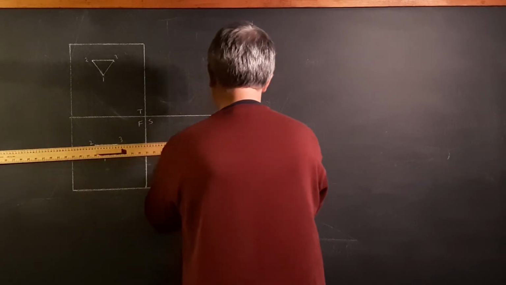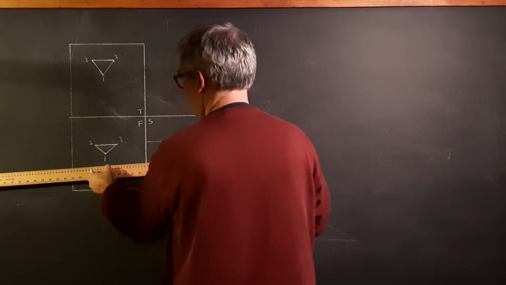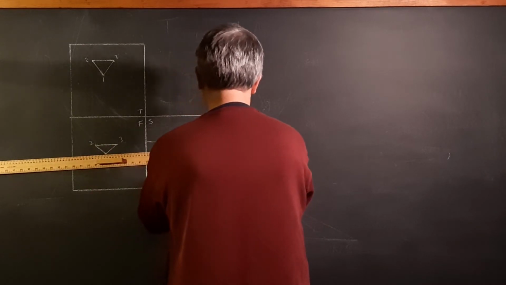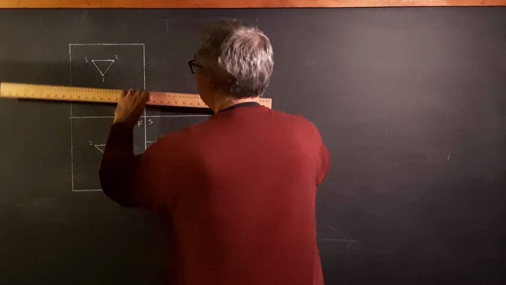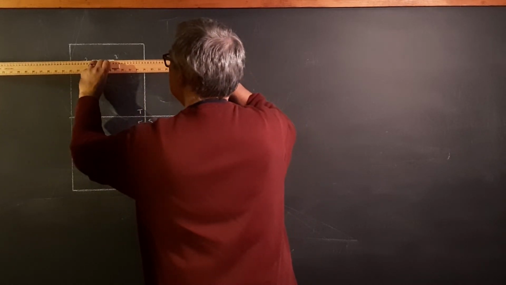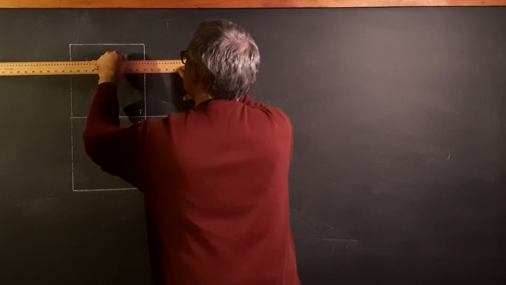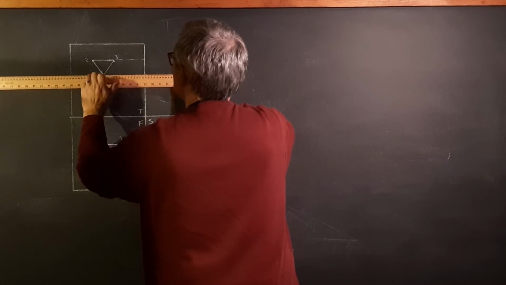So we can come straight across from 2 and 3. And 1, we can come straight across from point 1. And then up here, similarly, we come straight across from point 2 and 3, and then straight across from point 1.